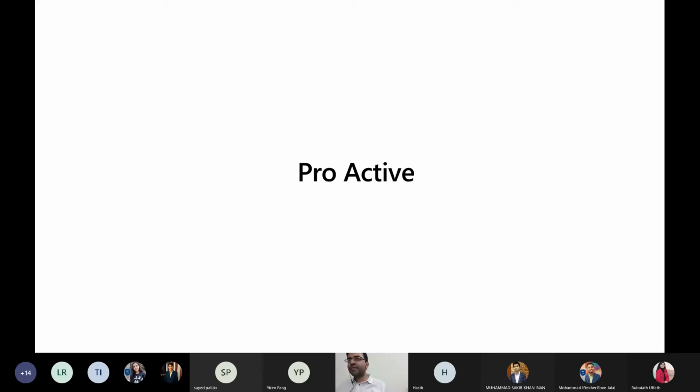You have to be proactive. Your research supervisor will not tell you everything, will not give you every single instruction, but you will have to be a little bit proactive and make things easier for your supervisor. You will have to propose to your supervisor, hey, do you think that I should do this this week?